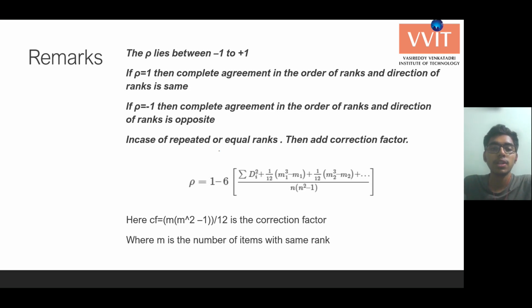These are the correction factors. The number of correction factors depends on the number of ranks that have become equal, and m1 represents the number of elements which have the same rank.